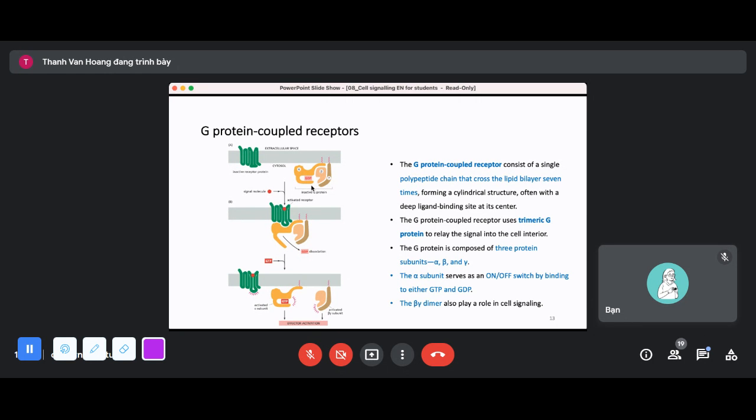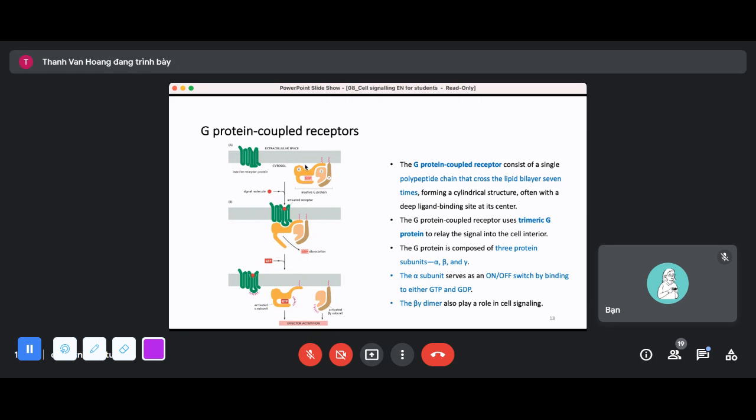Now again, what happens in detail when the signal binds to the receptor. You can see here at the beginning an inactive scenario. In the absence of the signal molecules, the receptor is inactivated.